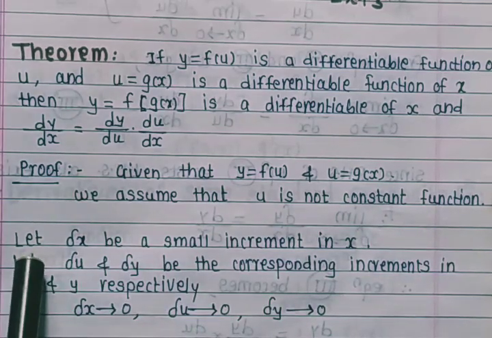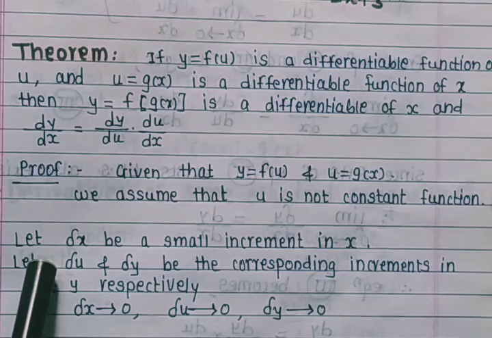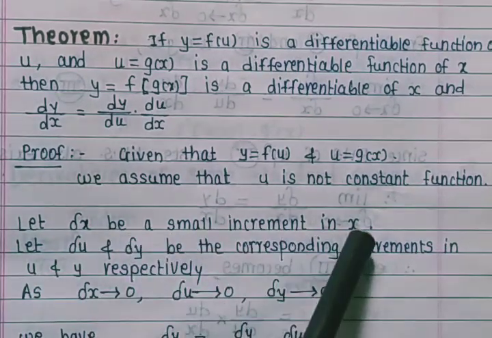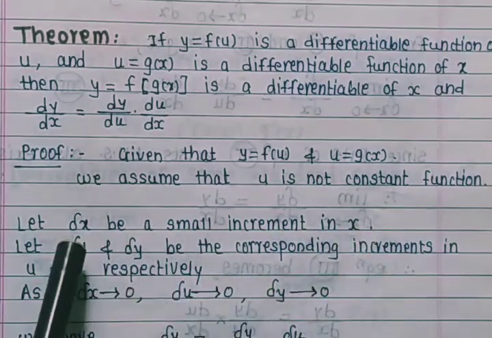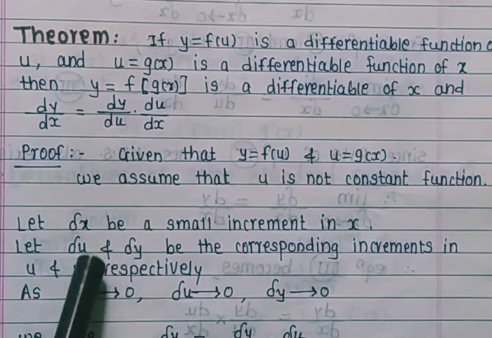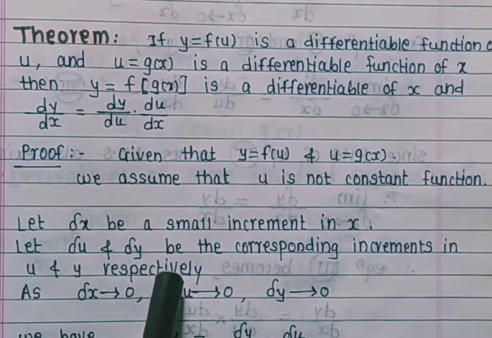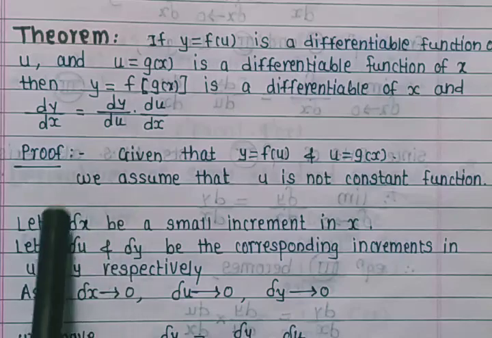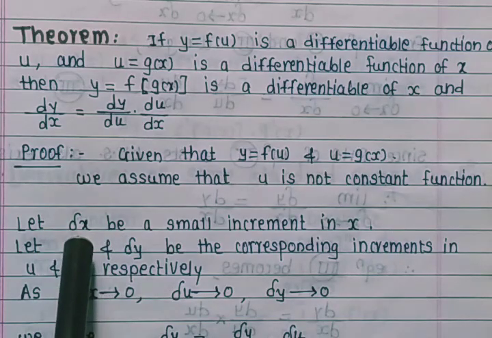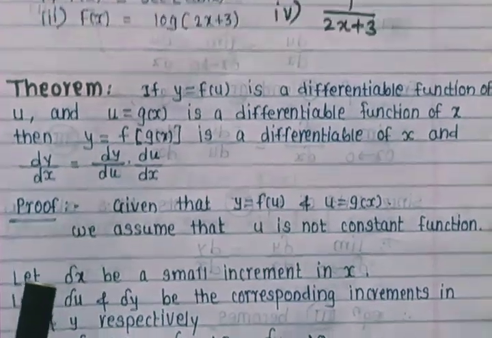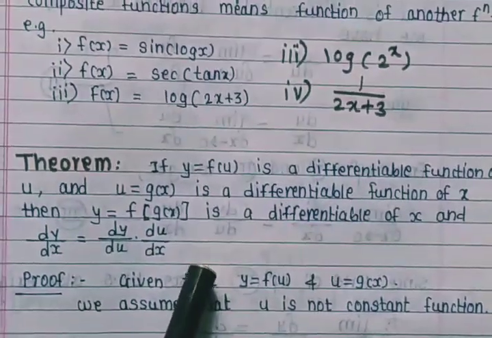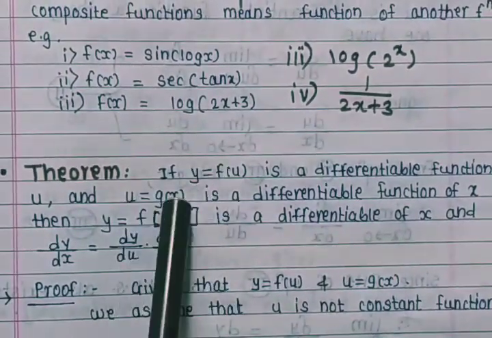Now let us consider increments. Consider delta x, a small increment in x, and delta u and delta y, the corresponding increments in u and y respectively. See here, y equal to f of u and u equal to g of x.